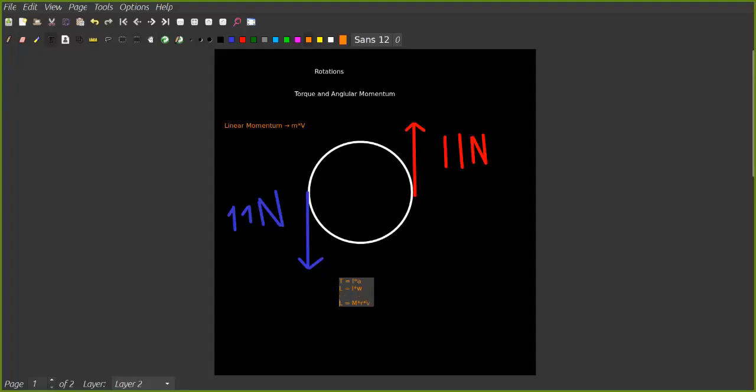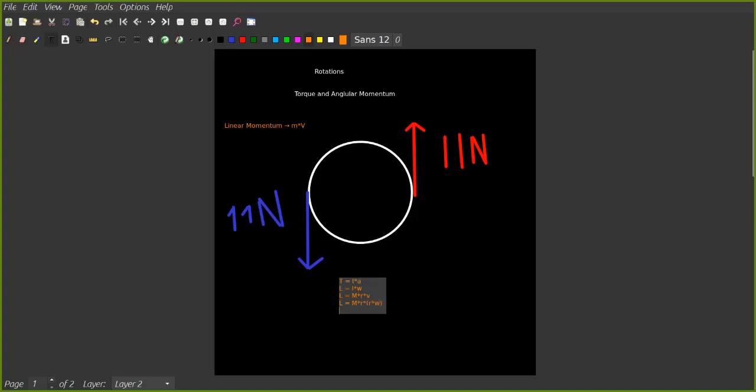But the velocity is actually equal to r times omega.